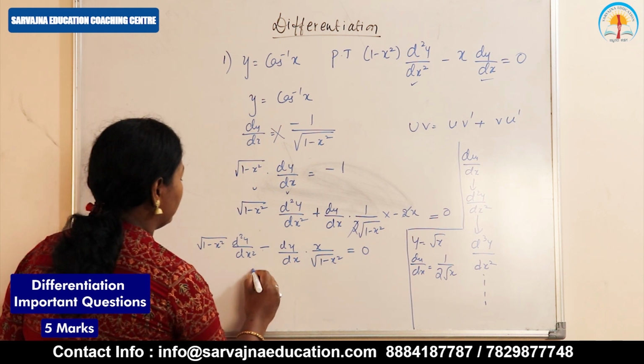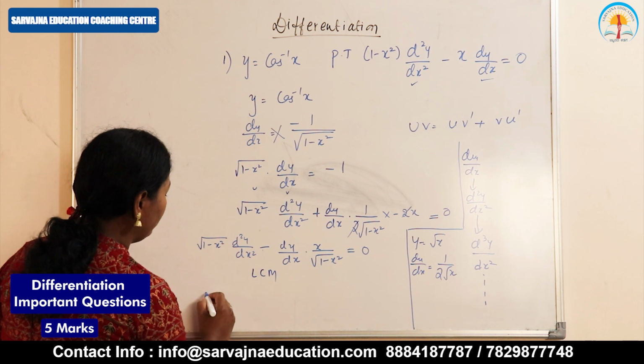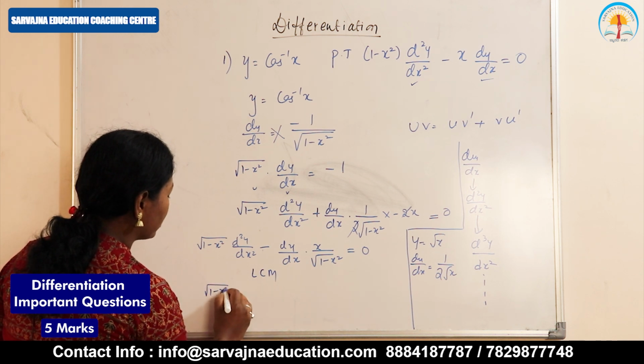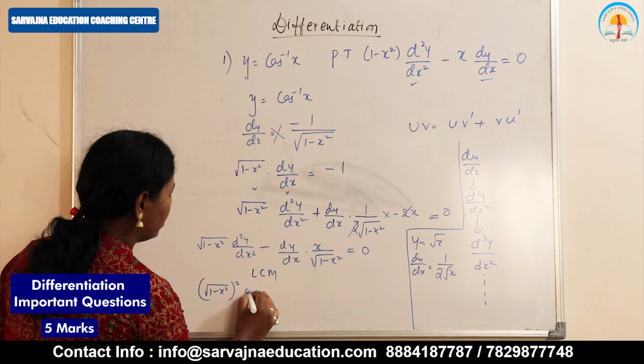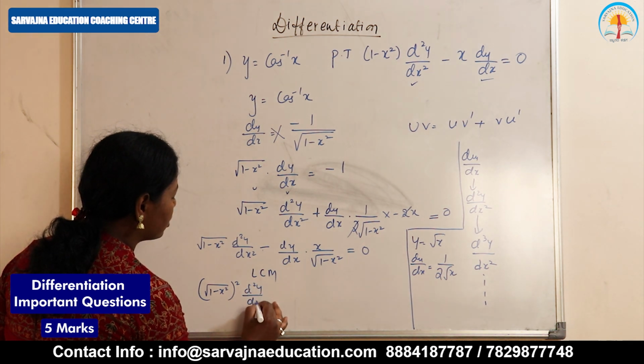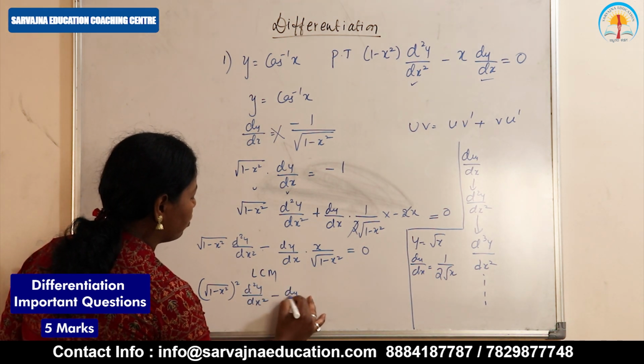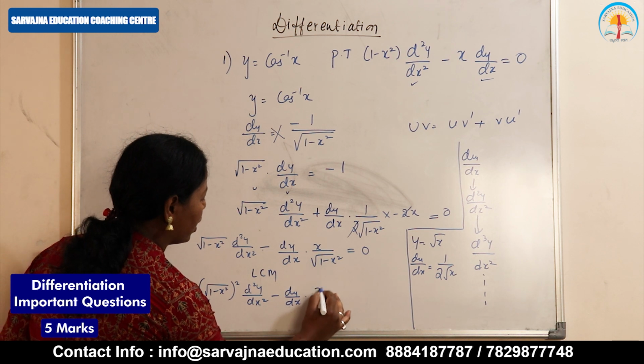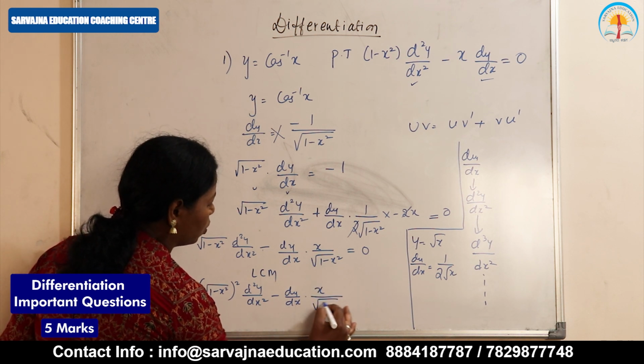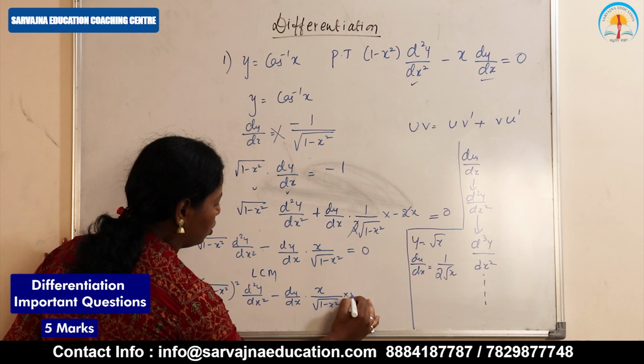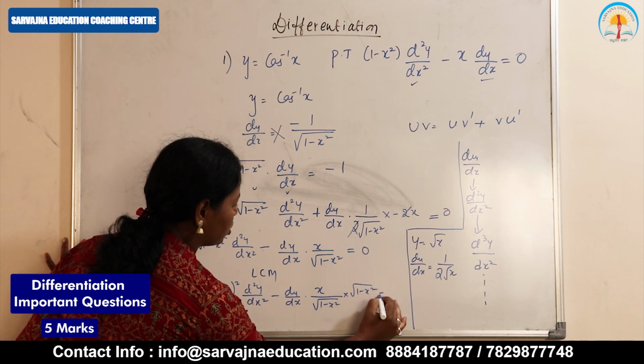So it will be root 1 minus x square whole square d square y by dx square minus x dy by dx, divided by root 1 minus x square, is equal to 0.